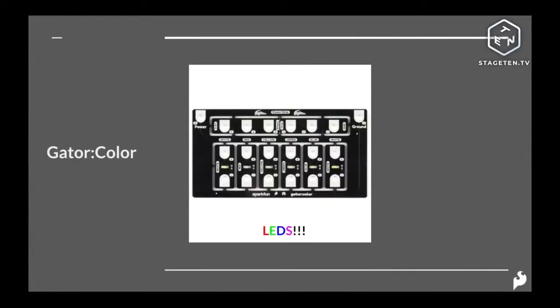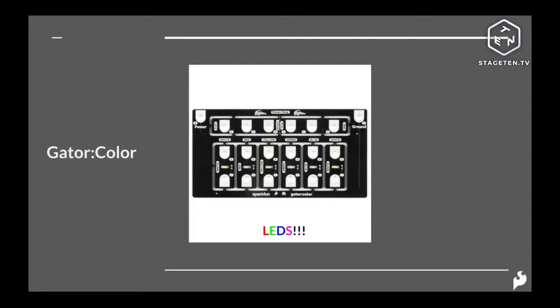Last but not least of these Protos Snap form factor boards is the Gator color board. This is a smattering of LEDs of different colors. We give you a couple of white LEDs, a red LED, a yellow LED, a green LED, and a blue LED. You might be wondering, what are the strips towards the top? Those are extra power strips.